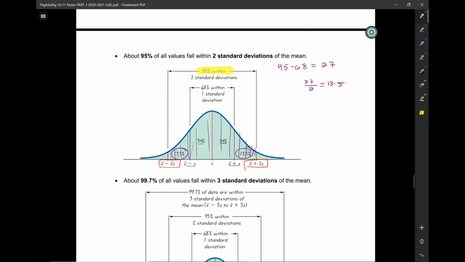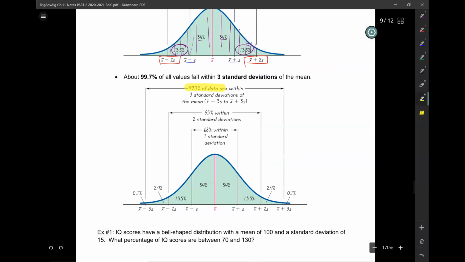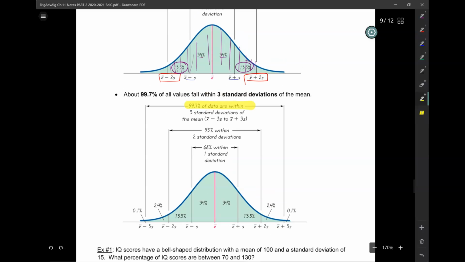So far we've done 68 and 95, that's 2 numbers of the empirical rule. The next one: if I go 3 standard deviations, that's 99.7% within 3 standard deviations. From 95, how much more did I go? 99.7 minus 95 is about 4.7. 4.7 divided by 2 is 2.35, which is about 2.4.